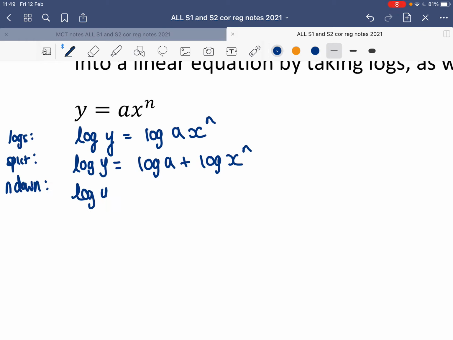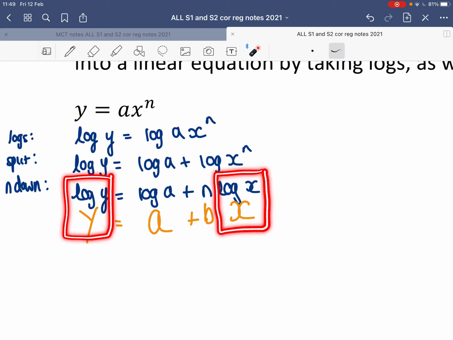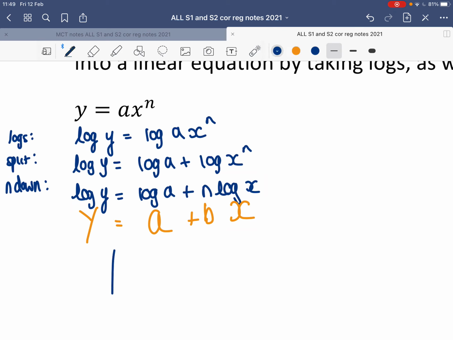You're going to bring the n down, bring the power down. You get log y equals log a plus n log x. Now this is in the form y equals a plus b x, where you're plotting not x against log y this time, but log x against log y.